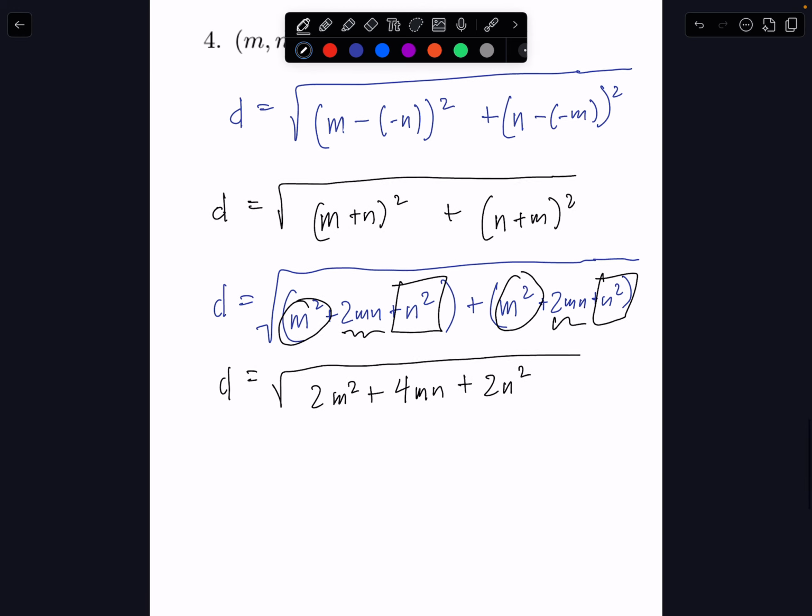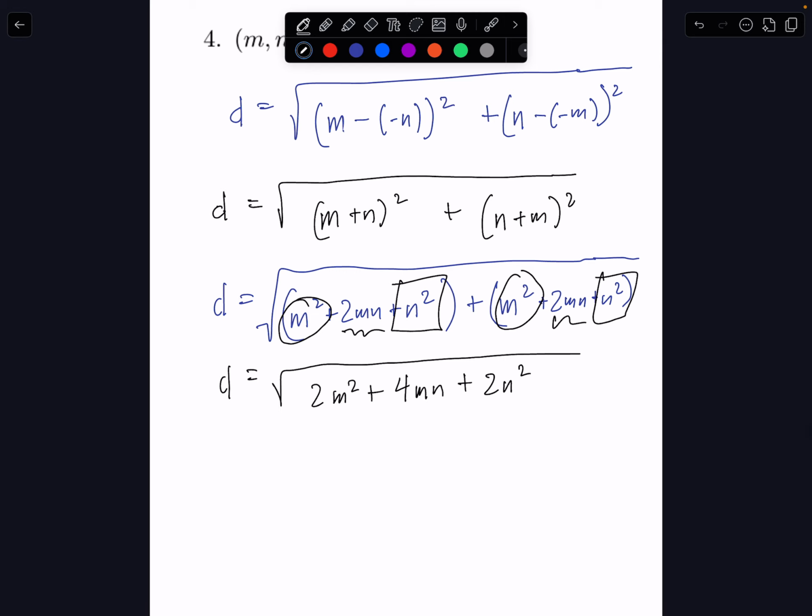All right. Let's see. Is there anything that's going to simplify? I'm going to get 2 times m plus n squared. Oh, you know, I just realized. I probably did this in the inefficient route. Okay, I did this very inefficiently.